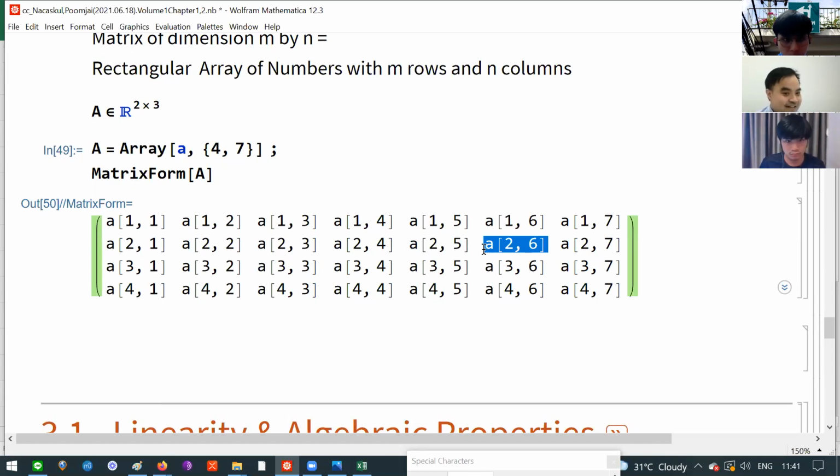This guy is the second row, 1, 2. So walk down 2 steps. Walk to the right, how many steps? 1, 2, 3, 4, 5, 6. And you get 2, 6. How do I get that? I get a, double bracket, 2 and 6.